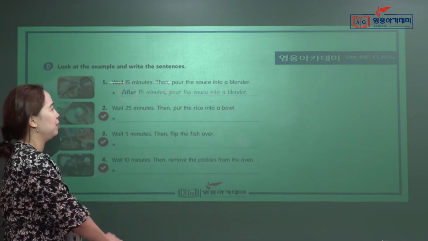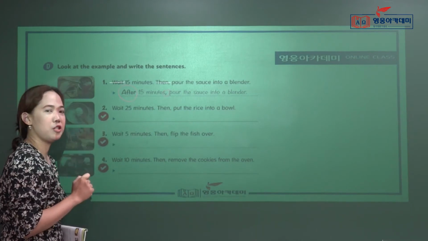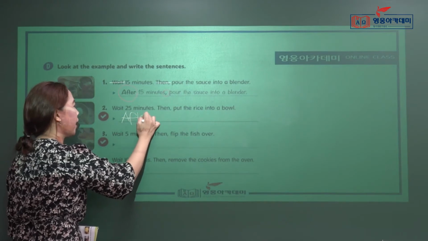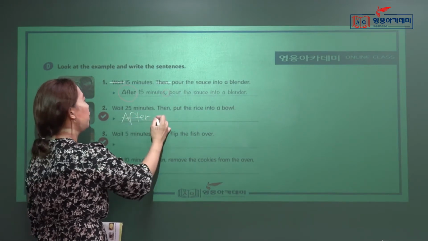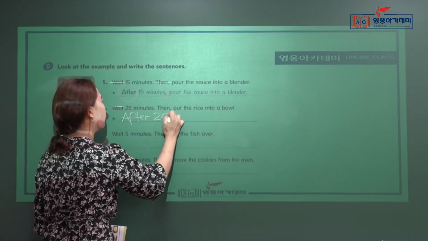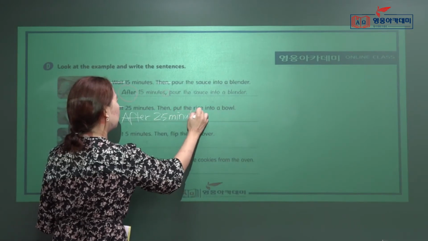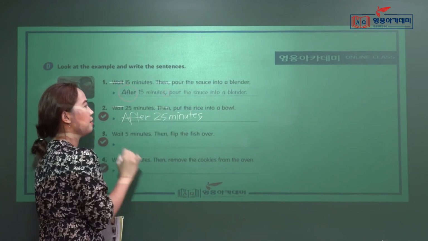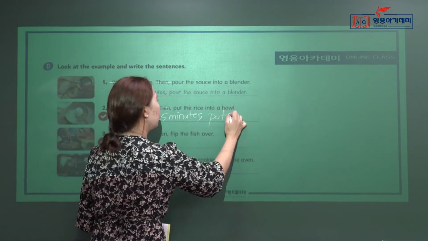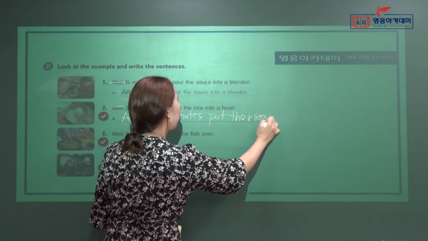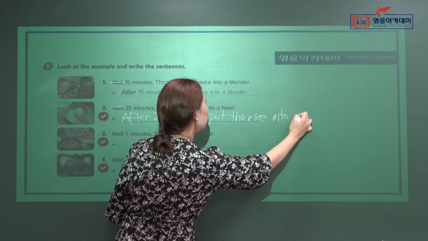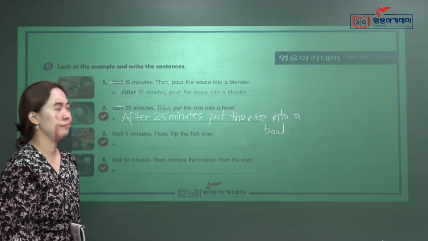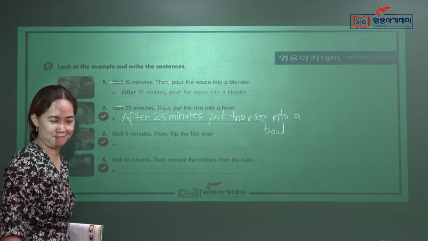That's right. So what do we do with number 2? After 25 minutes, comma, put the rice into a bowl. Okay, write your answers now.